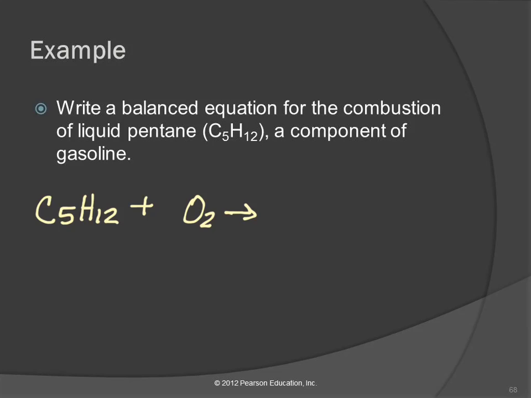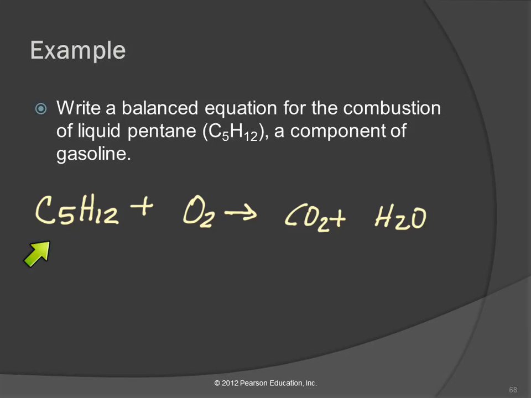So anytime something's burning, it's reacting with oxygen. And the products are going to be the same: CO2 and H2O. So that's something you just have to remember. Combustion, reacting with oxygen, forming CO2 and water. And then we balance this.